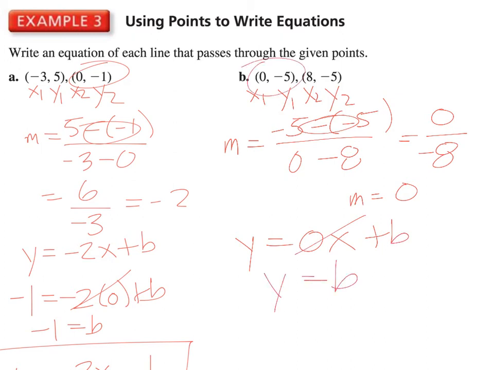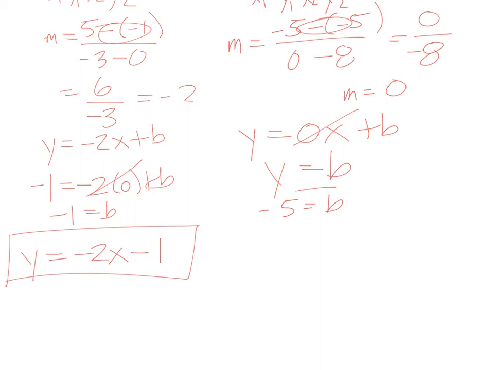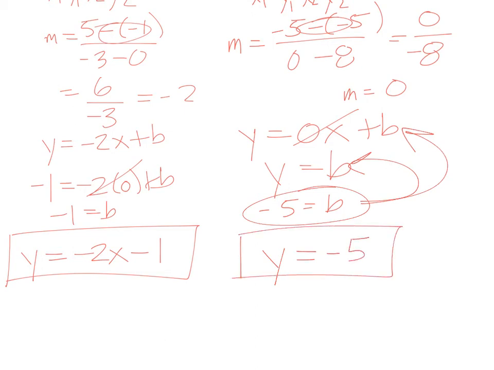I could choose either point, and I'll choose this one, for example. Plug in the x and y values. There's no x value to plug the 8 into, so you don't have to do that. But I'm going to plug the -5 into the y. So b is equal to -5, and y equals 0x minus 5, or just y equals -5. Done with that one.